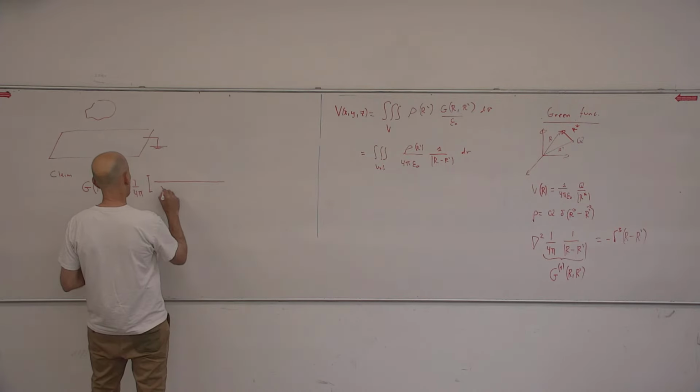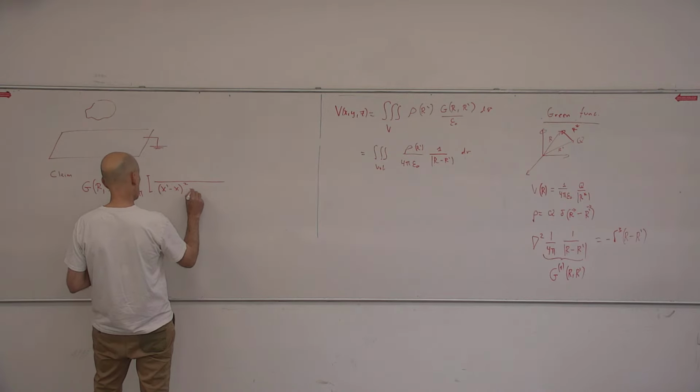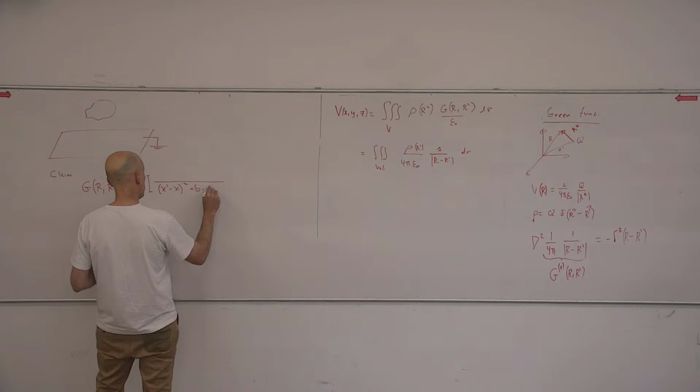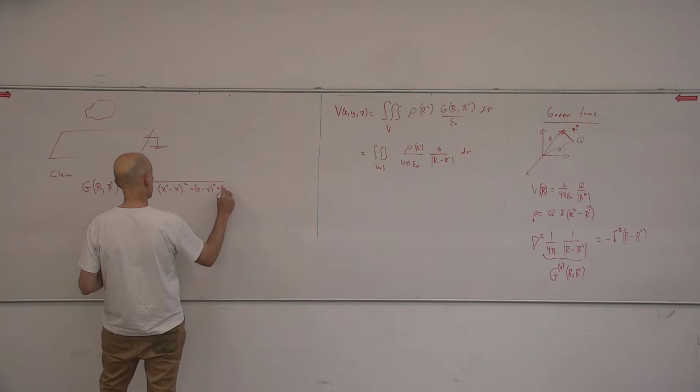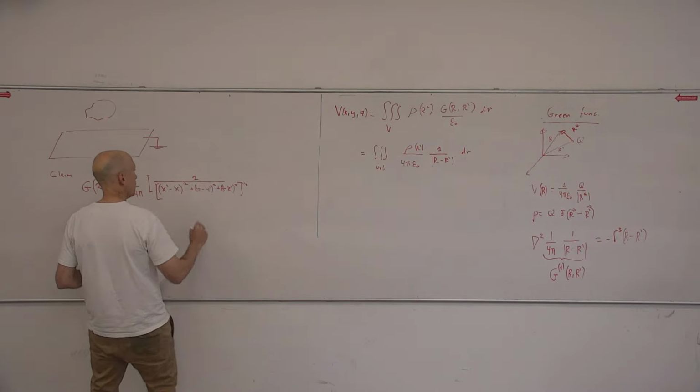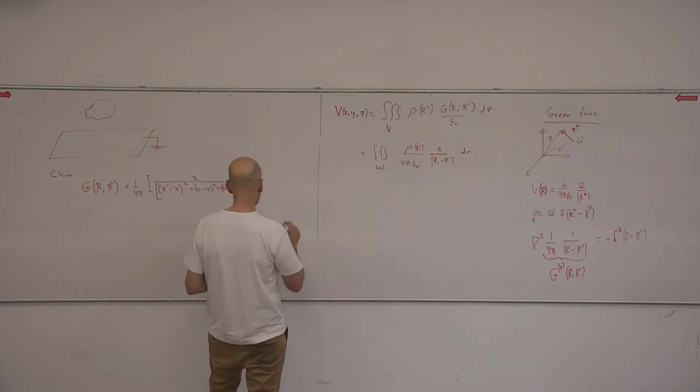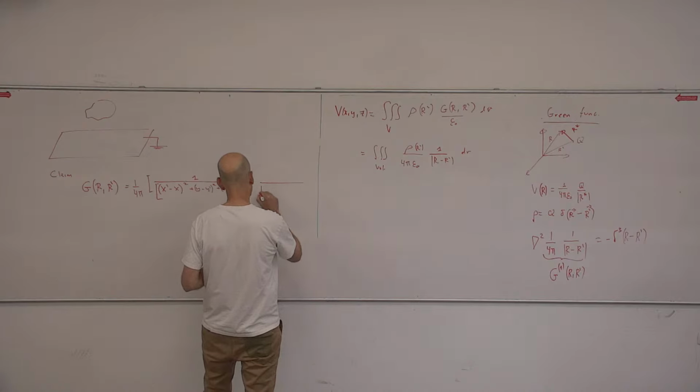It is (x prime minus x) squared, (y minus y prime) squared, pretty awful thing, all this square root. Minus, this is the image. Here I wrote it like that, okay.